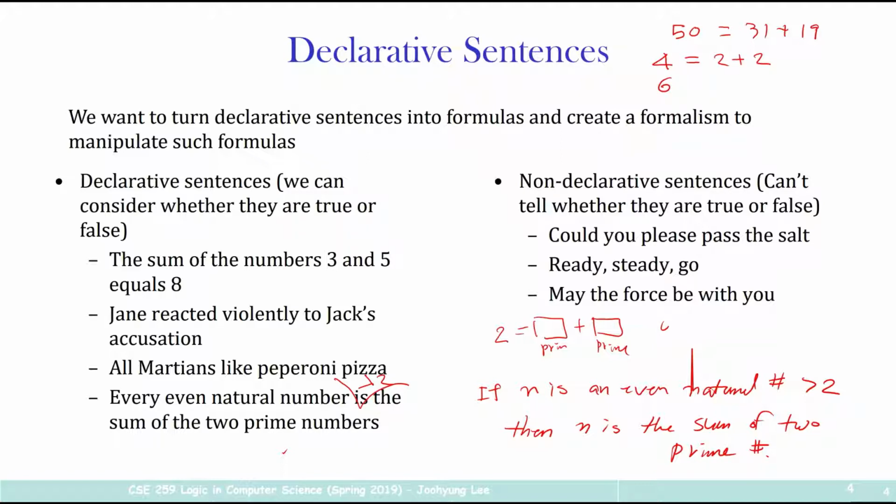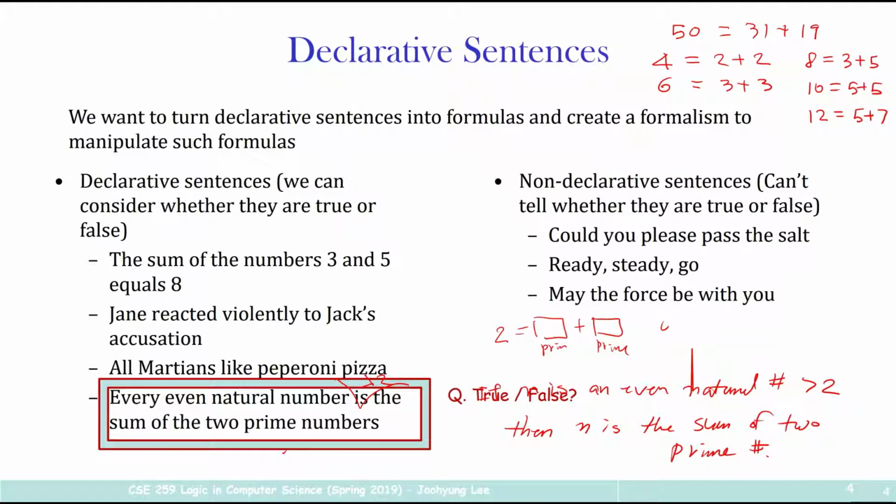What about 6? 3 plus 3. Right? Okay, so 6. What is the next? 8. 8 is 3 plus 5. 10? 5 plus 5. Okay. Are we just lucky? 12 is 5 plus 7. Okay. So the initial fragment of the numbers doesn't seem to contradict the claim, right?